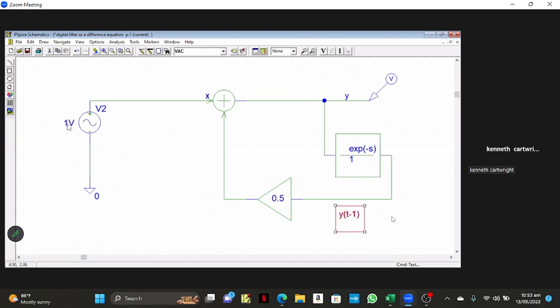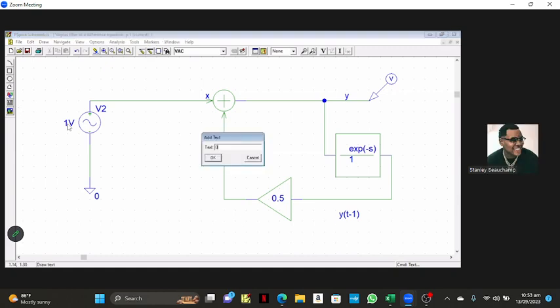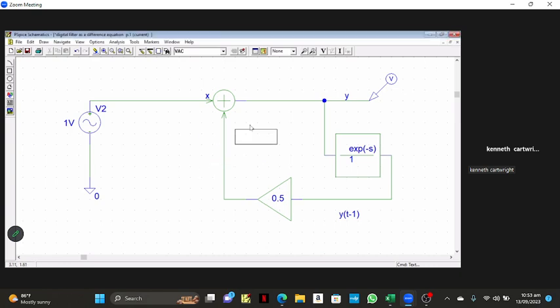All right. And so right here we would put 0.5 in front of it, right? Exactly. Very good. That'd be right here. And we've got to bring that box down. There we go.